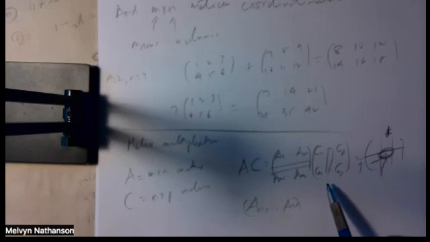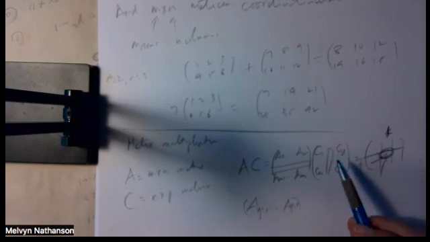So the jth row looks like AJ1 up to AJN. And the kth column looks like C1K down to CNK.